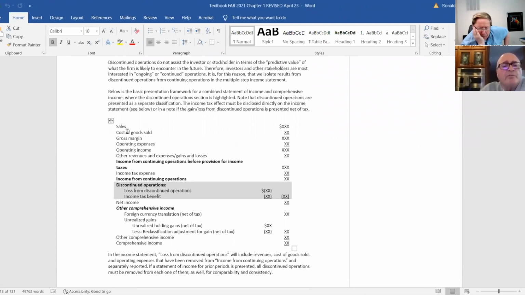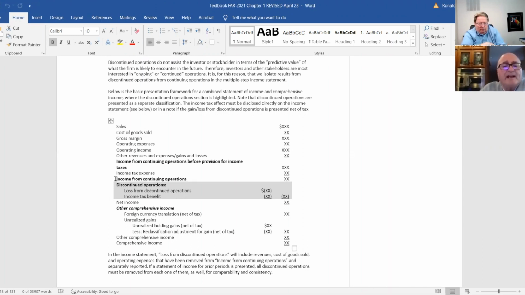Yep. So here's your basic multiple step income statement: sales, cost of goods sold, gross profit, operating income, and so on. But now they're asking us to integrate the discontinued operations section into the income statement itself at the bottom. Under GAAP, we would show income from continuing operations before income tax expense, then income tax expense.